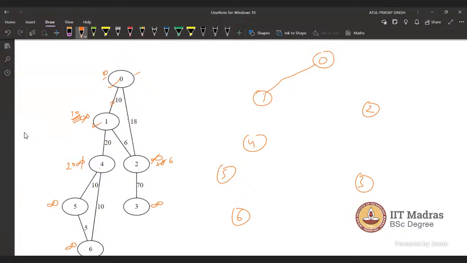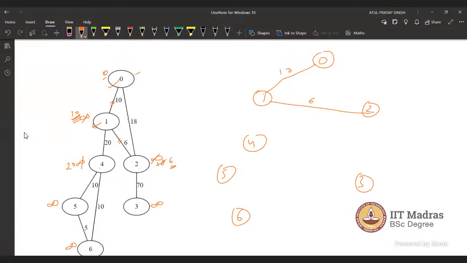Now which is the next minimum weight? This time it is 6. This 6 weight was updated from node 1, so we will select this edge in our spanning tree. This is the 10.